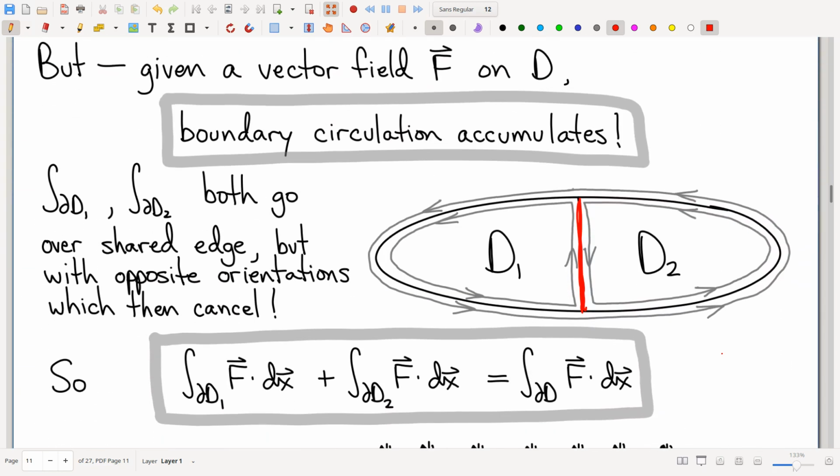It's necessary because we need specific orientations so that these will cancel, so that we get the accumulation feature. This critical idea that this is an accumulating quantity only comes because we have a standard of what we mean by the orientation on the boundary. Right? That's what creates this opportunity for cancellation.